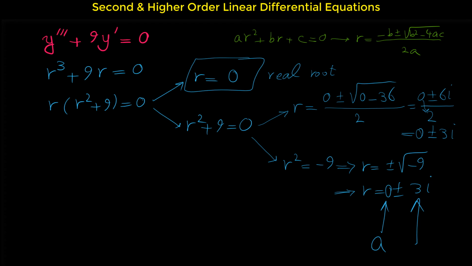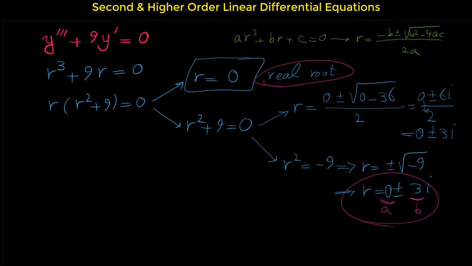But note that we had here another root. So this is a and this is b. But don't forget, we have this root also. 0 is a real root. For solving and finding y here, we have a combination of two types of roots, real roots and complex roots.